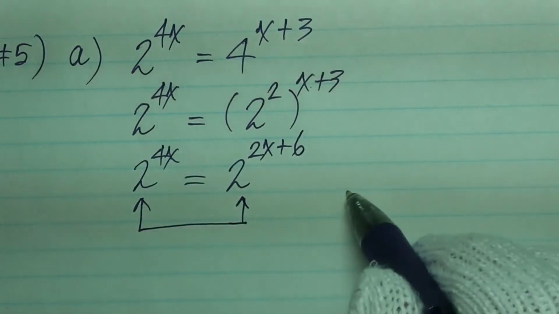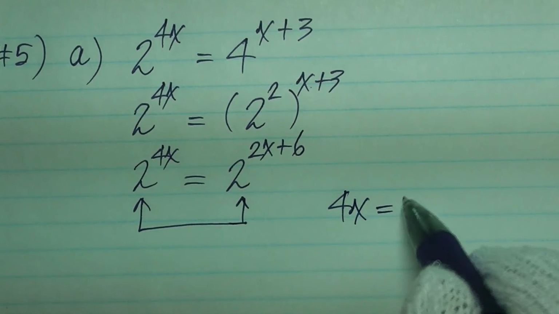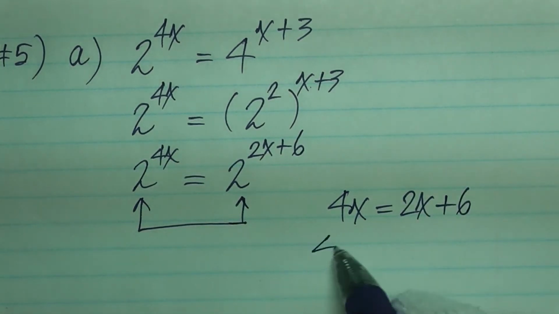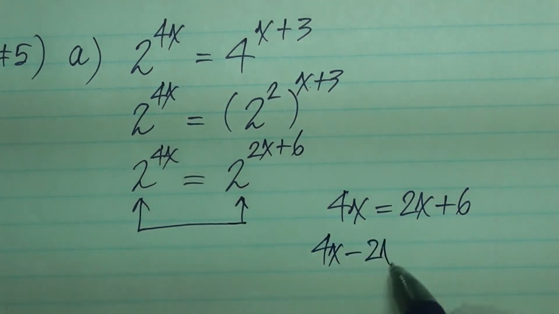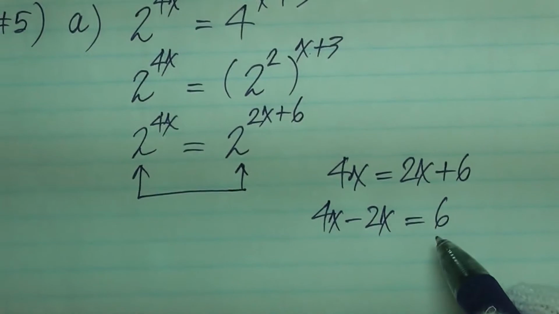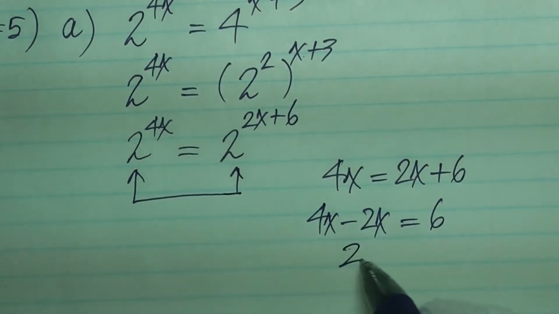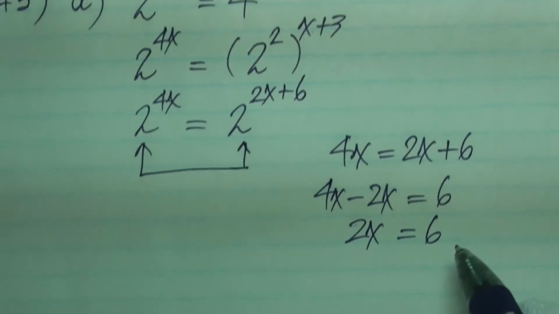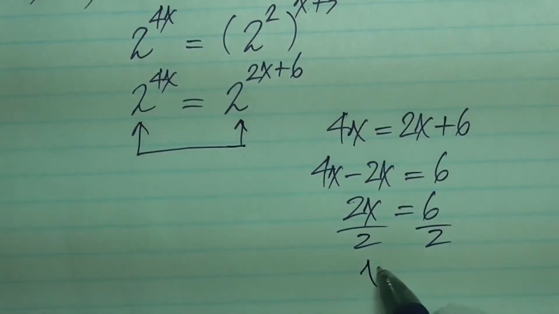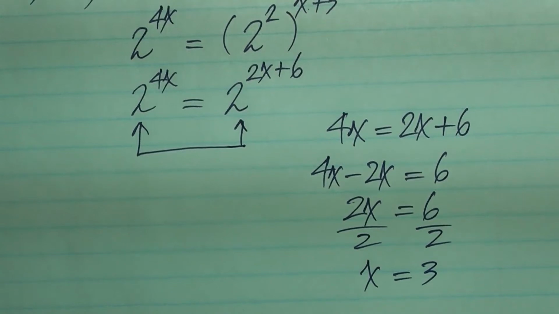So 4x equals 2x plus 6. 4x minus 2x equals 6. 2x equals 6. X equals 3.